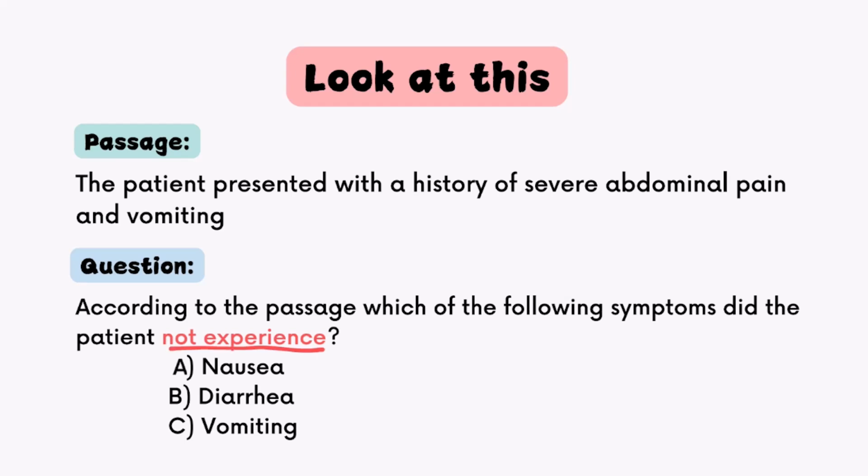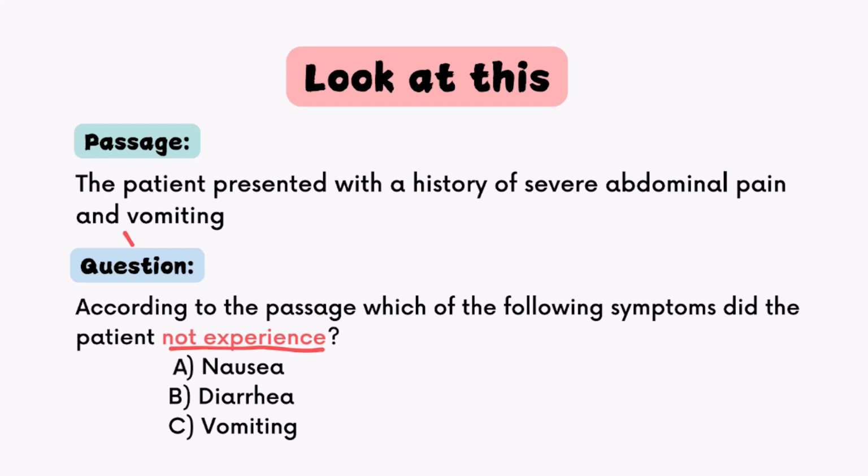We have been dealing with negative factual questions, which means it's completely not true according to the passage, or else the information is not stated in the given text. So in your question, the patient did not experience, which means the patient has no symptom of what? That you need to choose, right?